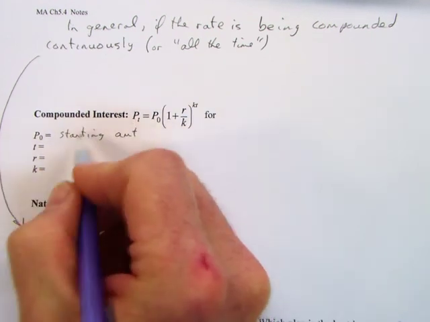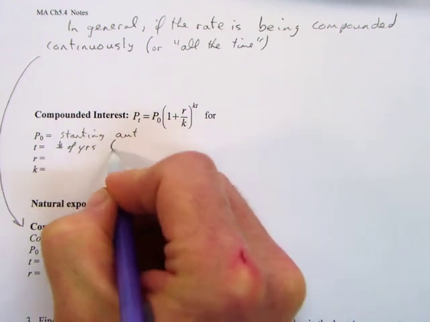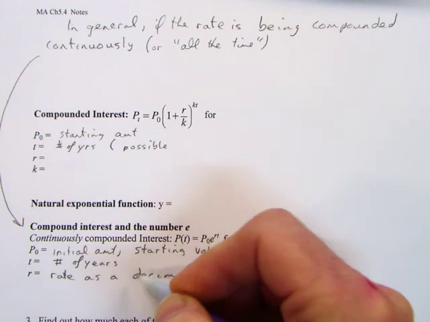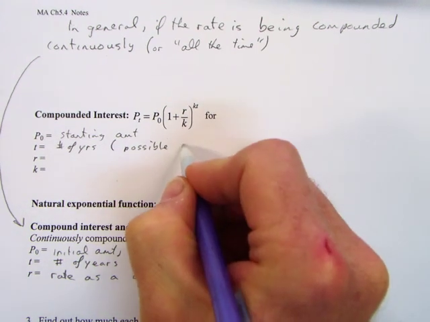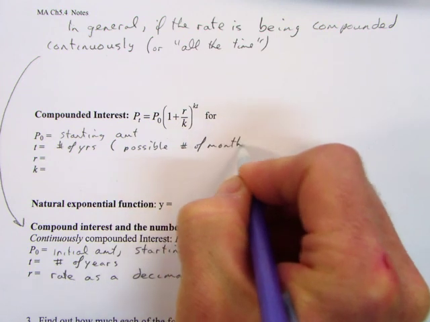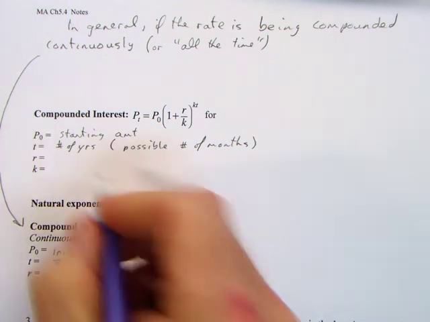Now, it is possible, though, that you could have different time units. In fact, you could have different time units over here. It could be number of months. You have to look at the context of the problem to determine that. If we're talking about the money being compounded, then we're saying it's annual. r would be our rate as a decimal.